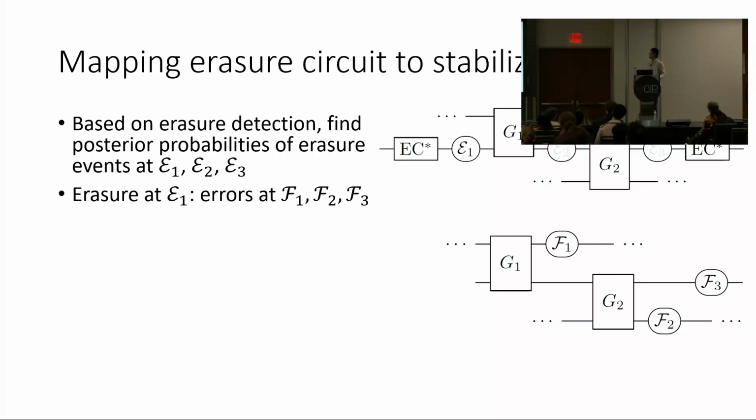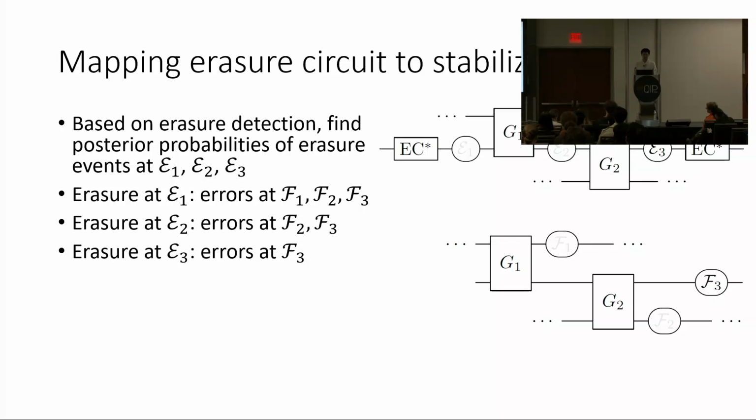And finally, when it gets reset, it would turn into the maximally mixed state, so that can also be thought of as a depolarization. If instead the qubit got erased at location E2, then it would just cause the depolarizations at locations F2 and F3. And if the erasure error happened at location E3, then it would just depolarize the qubit itself at location F3.